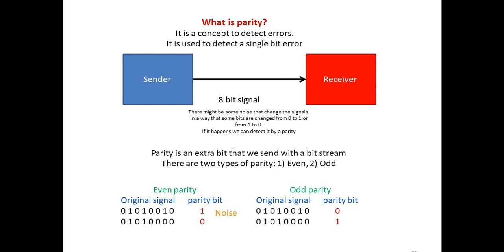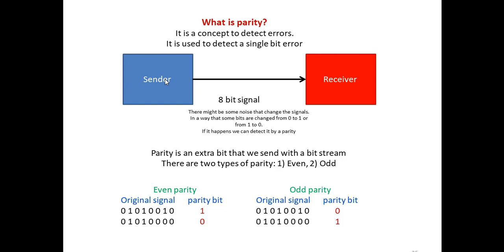So let's get started. Assume that we have a sender, and our sender is sending an 8-bit signal to a receiver. There might be some noise sometimes that changes the signals, in a way that some bits are changed from 0 to 1 or from 1 to 0.